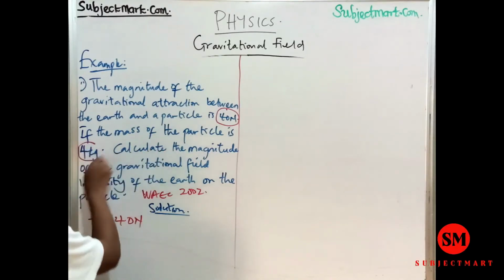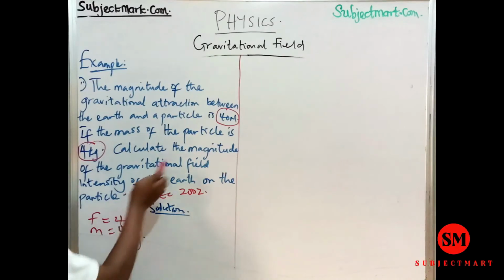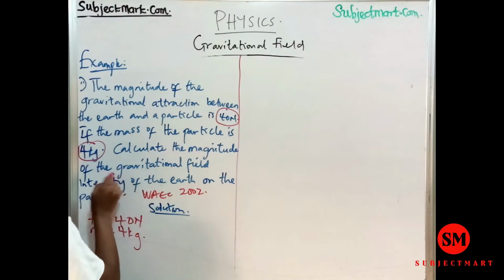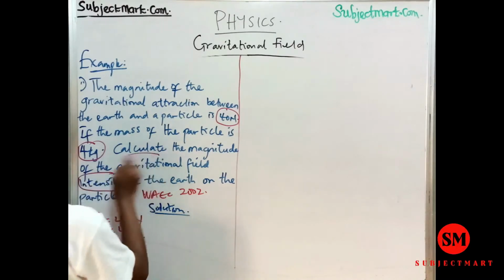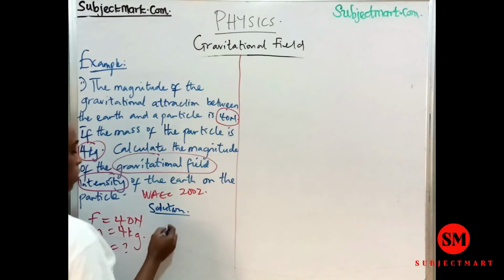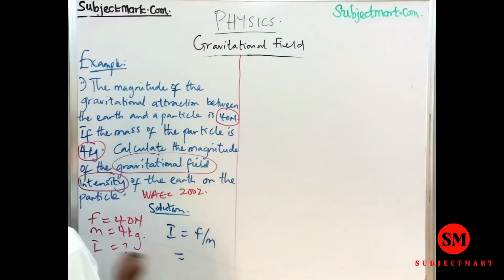If the mass of the particle is 4 kg, M is 4 kg. We are asked to calculate the magnitude of the gravitational field intensity, I. You recall that our gravitational field intensity is equal to force over mass.